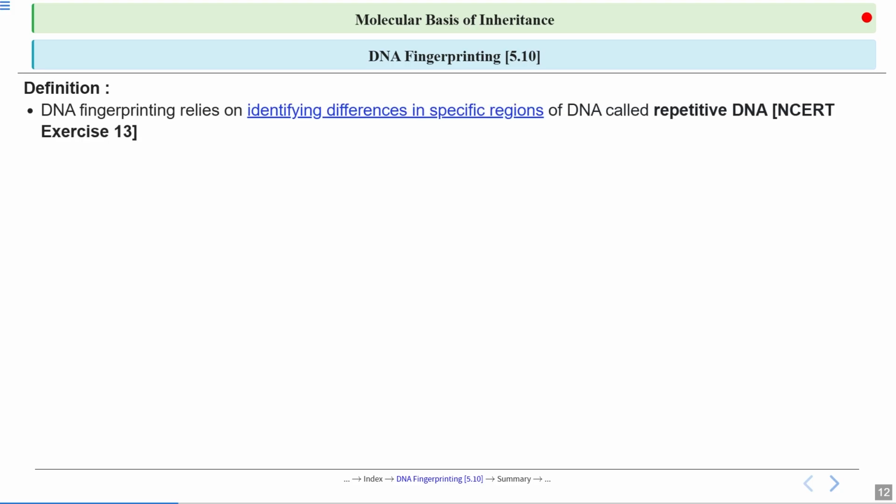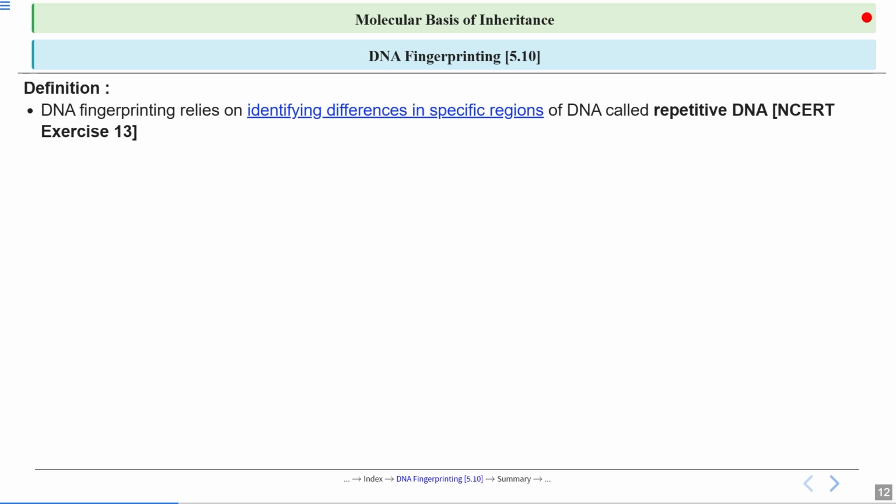Okay, now we will move to DNA fingerprinting. Now we will understand how they are using this polymorphism for DNA fingerprinting. DNA fingerprinting relies on identifying differences in a specific region of DNA called repetitive DNA. From here you can answer NCERT exercise 13. So what does DNA fingerprinting rely on?